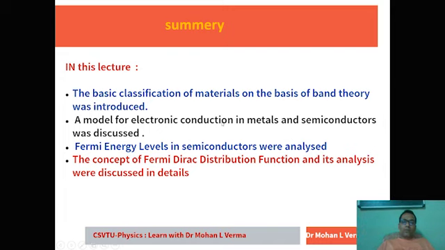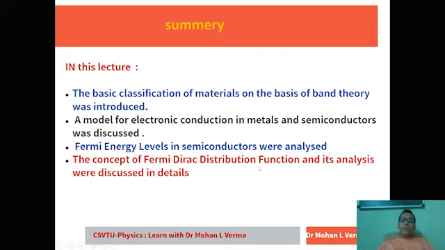This is also part of unit 8, and a simple formula is used for semiconductors here. Then the Fermi energy level in semiconductors was analyzed. For an intrinsic semiconductor, the Fermi energy level, which gives the probability of existence of the electron at 0 Kelvin, lies just in between the valence and conduction bands, whereas in an n-type semiconductor it is shifted towards the conduction band, and in a p-type semiconductor it is shifted towards the valence band.